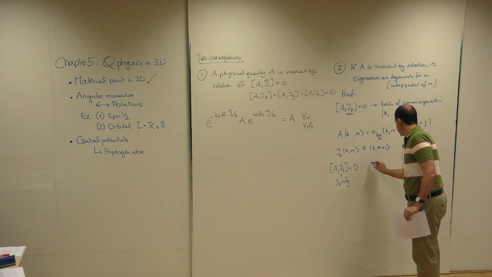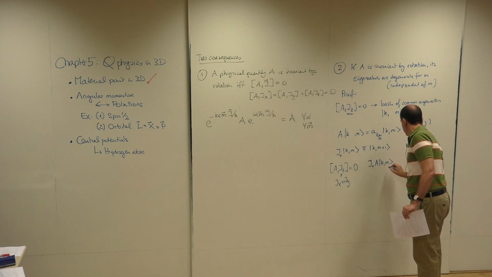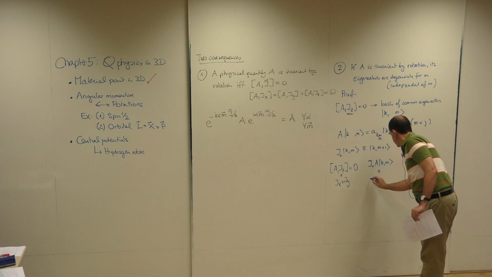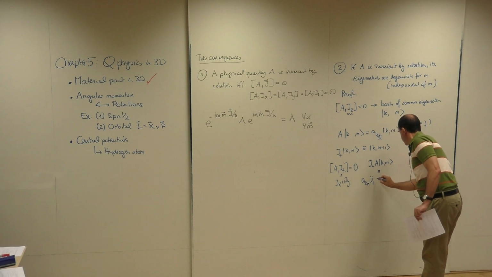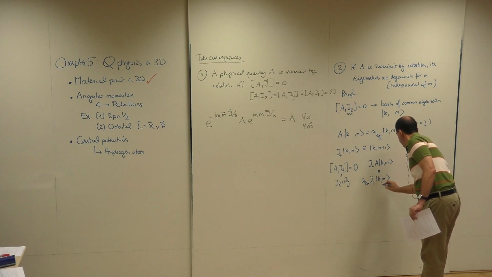So now I can do this. Now, of course, J plus on A |k m>. What is this? Well, this is A |k m> J plus on |k m>.